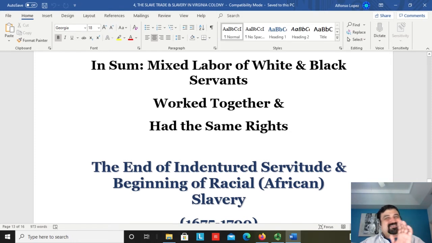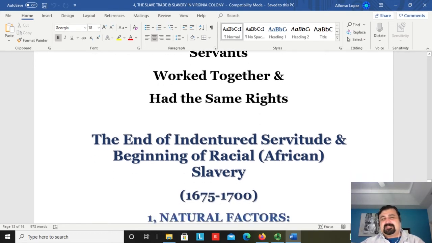The system of slavery doesn't exist at this point. African slavery as such is not present during this period that we're talking about, from 1619, 1620 to the 1670s, not yet. So what we see is a labor force that is diverse, mixed, with both white and black servants working side by side.